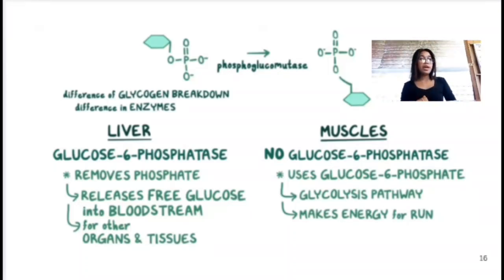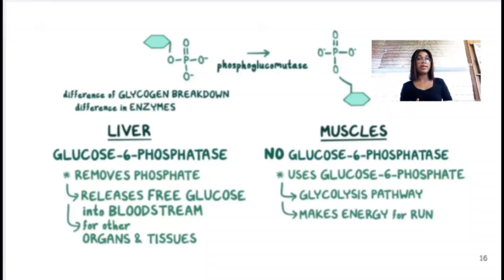So, for each glucose removed by the phosphorylase, a glucose 1-phosphate gets liberated, and it's converted to glucose 6-phosphate by phosphoglucomutase. The difference between glycogen breakdown in the liver cells and muscle cells results from the different enzymes in liver cells.